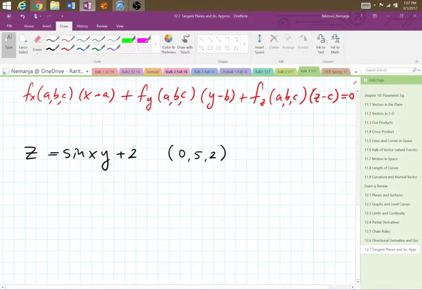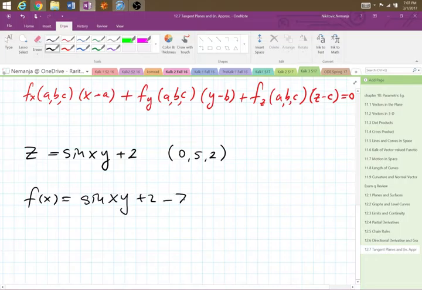So where do we begin? The first thing is to create this f of x, y, z function, which is going to be sine xy plus 2 minus z. It is equal to 0, in implicit form.